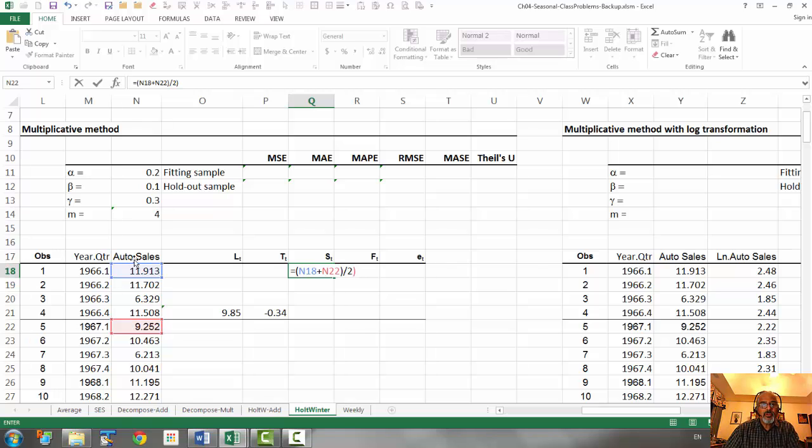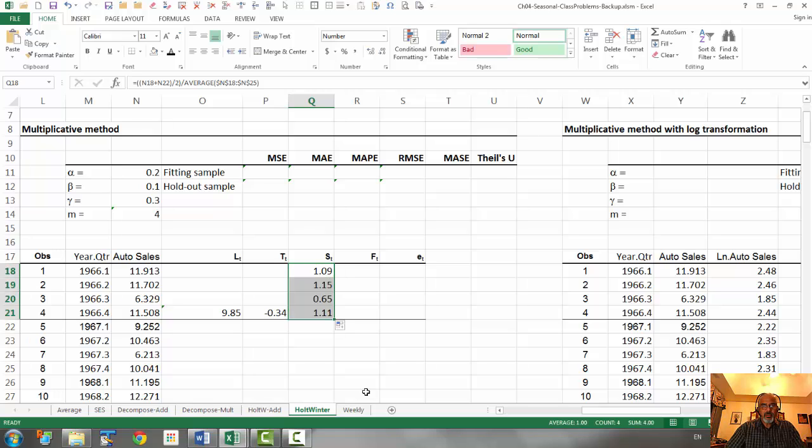So we'll enclose this with parentheses one more. It's really not needed, but we'll put it again anyway. So average of 2 years, and this should be absolute referenced. So this is the multiplicative factor initial values.